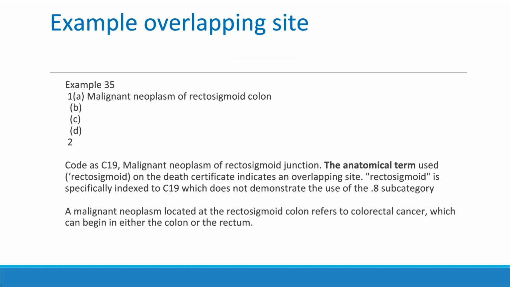This is the last slide that provides an example of a malignant neoplasm located at the rectosigmoid colon, which is specifically indexed as C19, indicating a malignant neoplasm of the rectosigmoid junction. This example does not use the .8 subcategory. It explains that an anatomical term, rectosigmoid, used on the death certificate indicates an overlapping site.